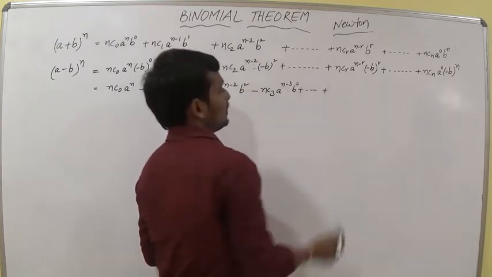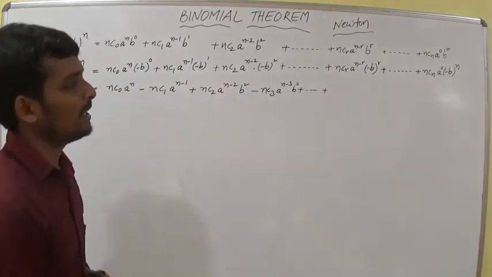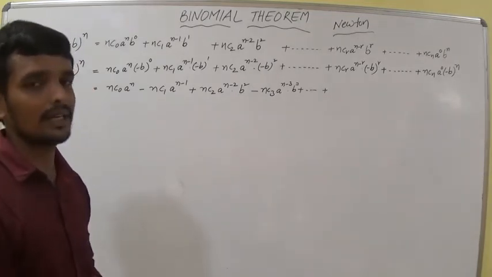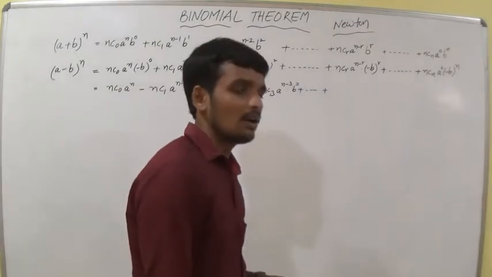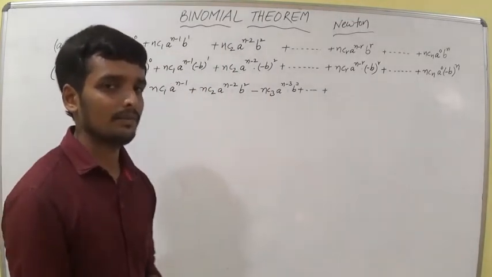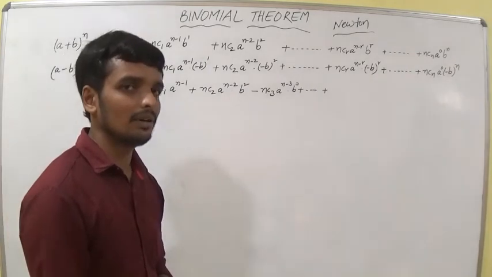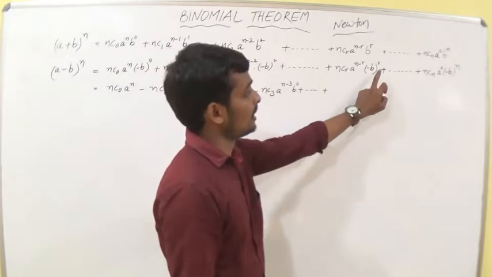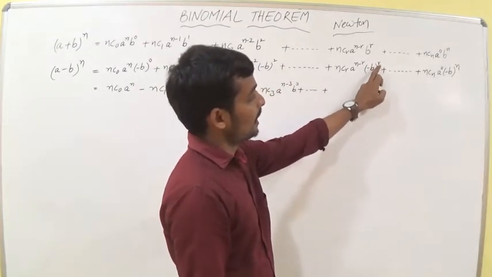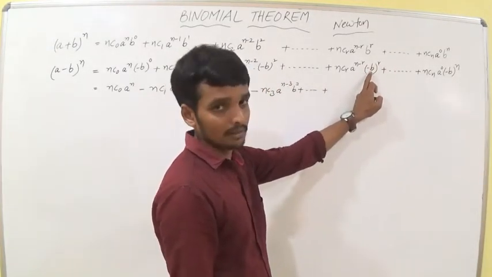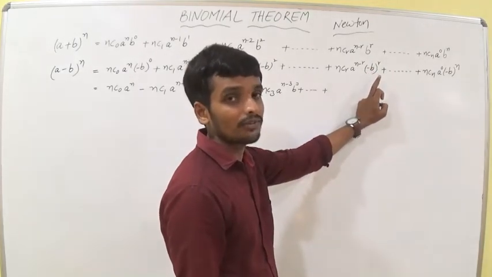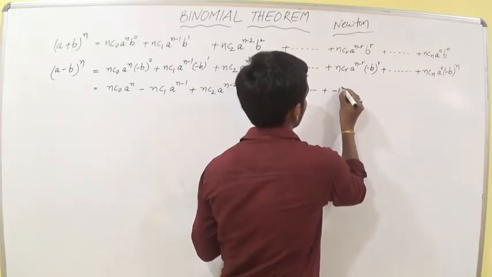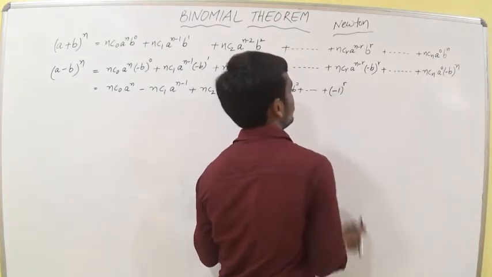Here (minus b) whole power r. If r is an odd number, we are getting minus. If r is an even number, we are getting positive. We can't decide the value of r in this particular case, so we write (minus 1) whole to the power of r.